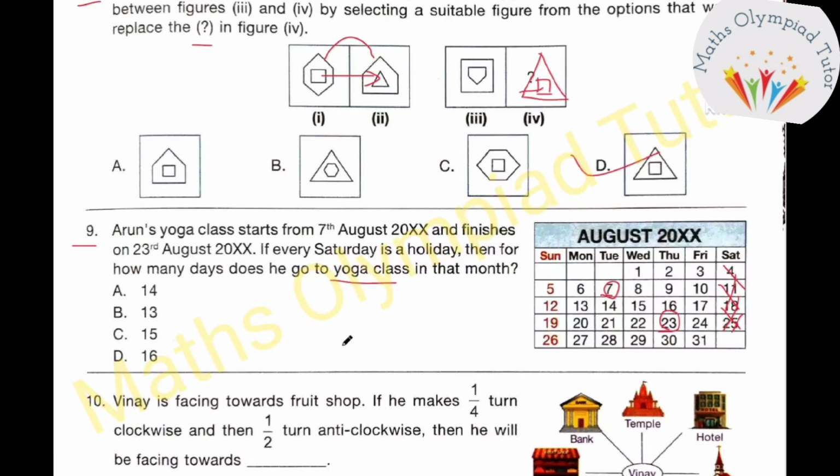So in this question we only have to count the number of days. The starting is given from 7th and the ending is on 23rd, so we only have to count the number of days. So 1 2 3 4, then 5 6 7 8 9 10 11 12 13 14 and 15. So in all 15 days he went for yoga class, which is here in option C.